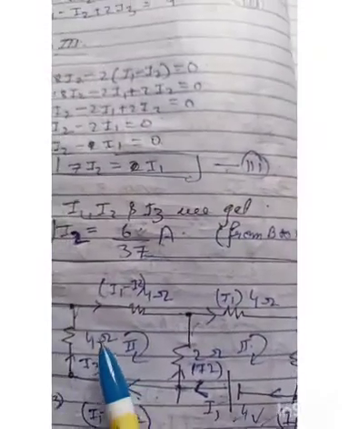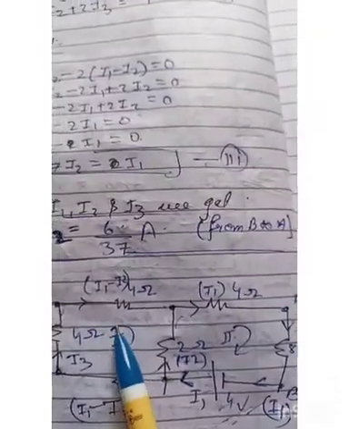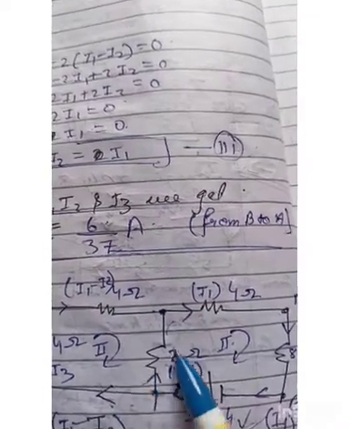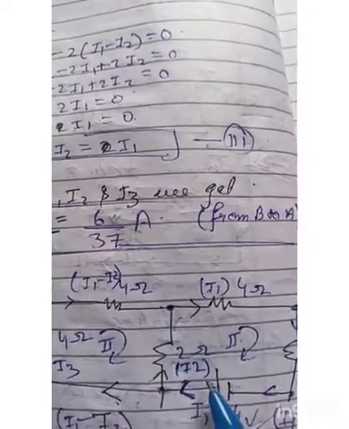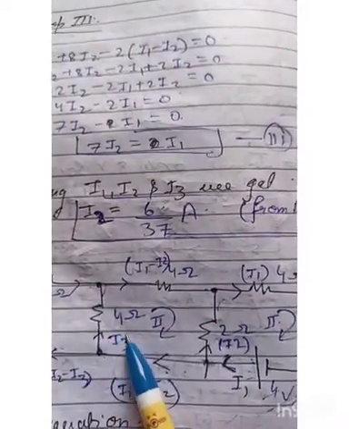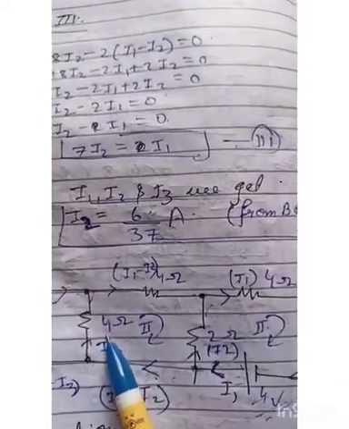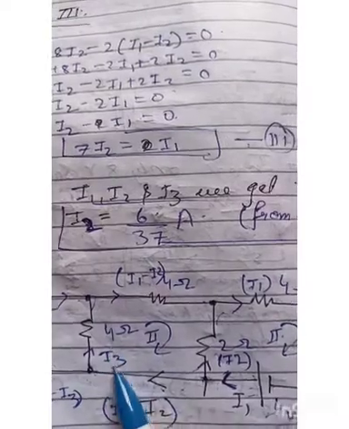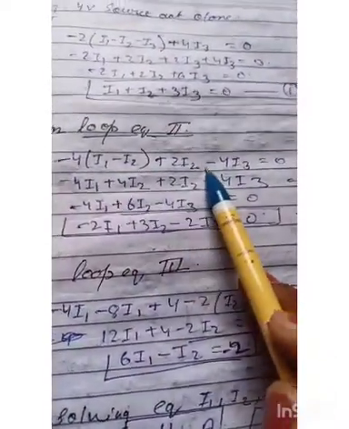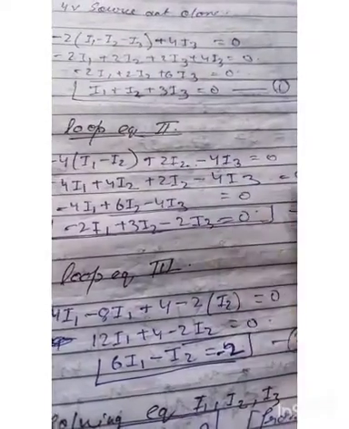Now for equation 2. Current and resistor are in the same direction, minus 4 times I1 minus I2. Here current and resistor are in opposite direction, plus 2I2. Here current and resistor are in the same direction, we use minus 4I3. So minus 4 times I1 minus I2 plus 2I2 minus 4I3 is equal to 0.